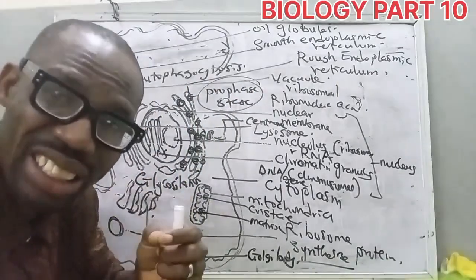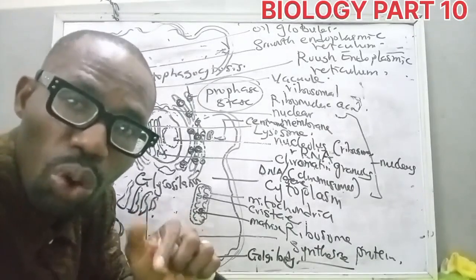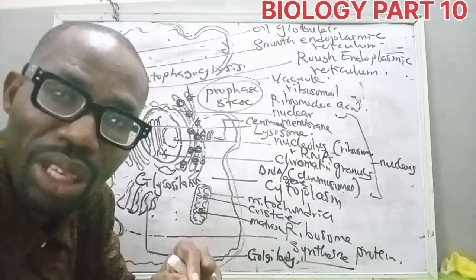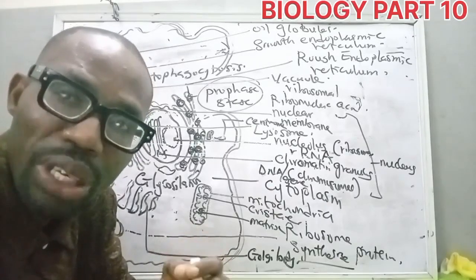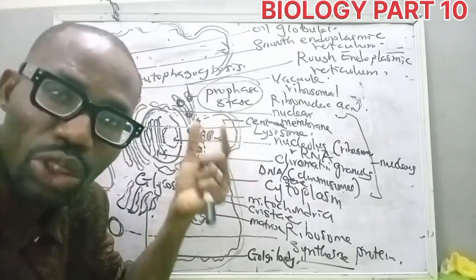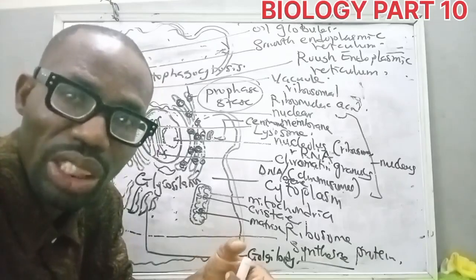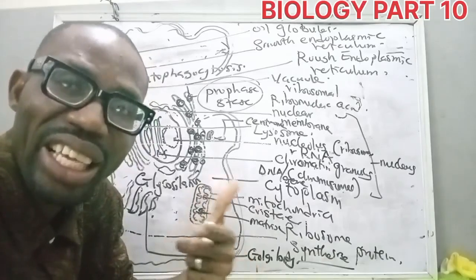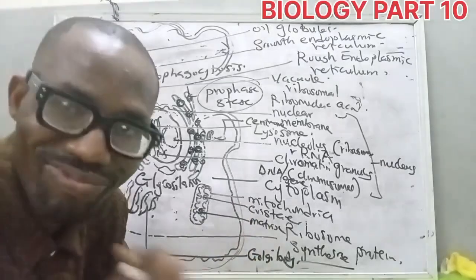In plants, the vacuole contains what we call cell sap, and the cell sap contains sugar, salt, and some pigments dissolved in water. Now, in plants, this vacuole can sometimes become turgid, okay? And when it's turgid, it can give protection or mechanical support to herbaceous plants. Do you get it now?